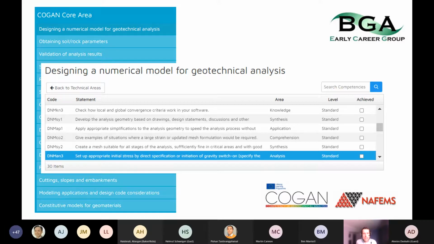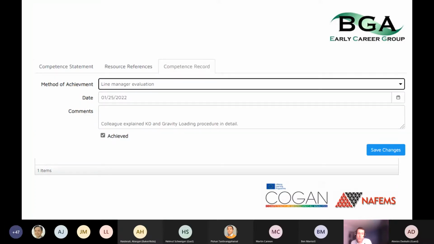We then move on to select a specific competency statement. You get a new window, which shows you the full competency statement. The intention here is that this is a task for you as a modeler to answer, and to be able to demonstrate that you understand how to answer this statement.